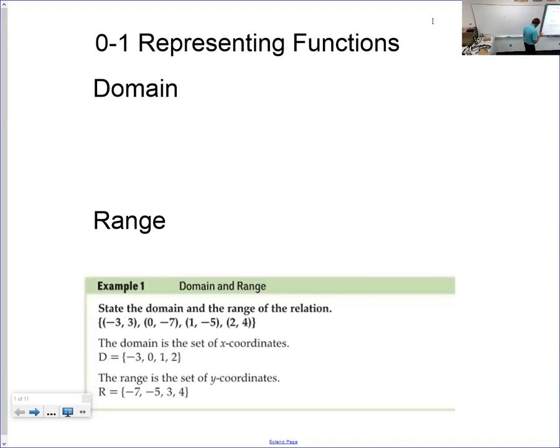Domain. Can anyone describe what domain is when we talk about math? So if we have a set of numbers, like a set of coordinate pairs, what's the domain of that set of numbers? Or range?